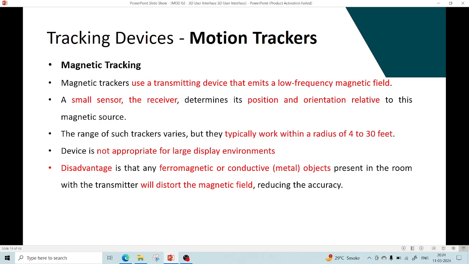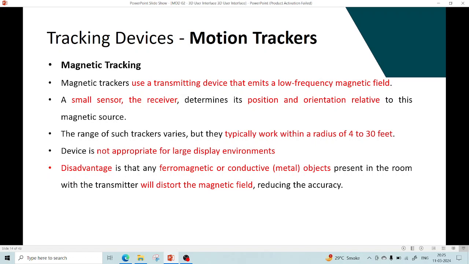Once the magnetic field is distorted, it affects your accuracy. Sometimes these accuracy reductions can be very severe, making interaction techniques, especially gesture-based techniques, difficult to use.